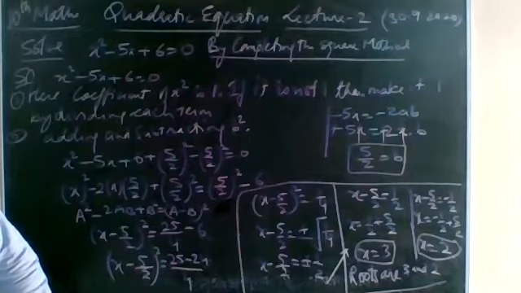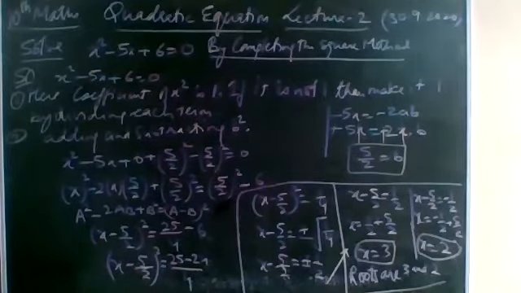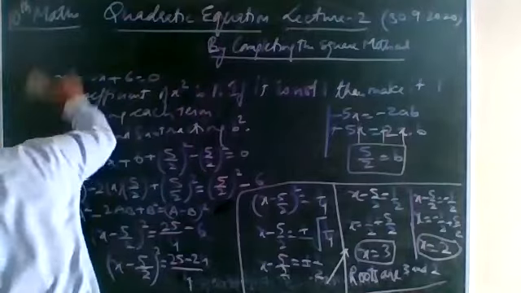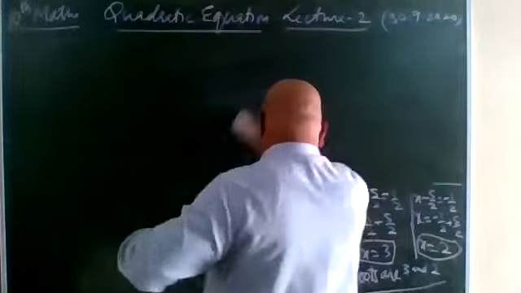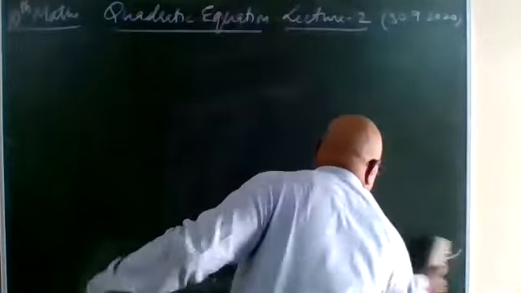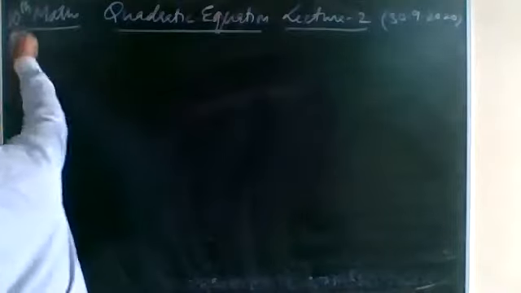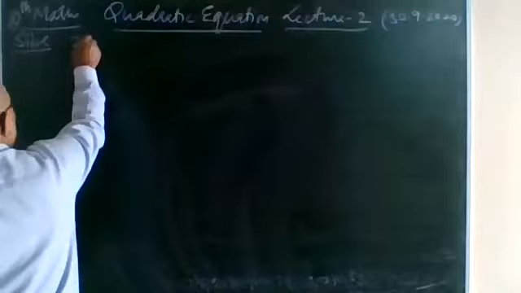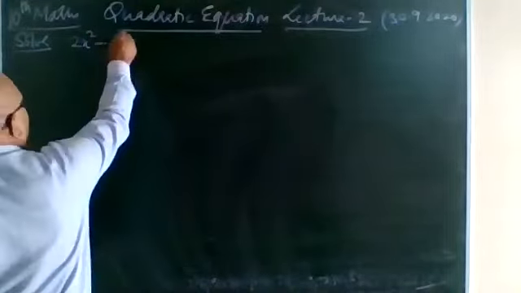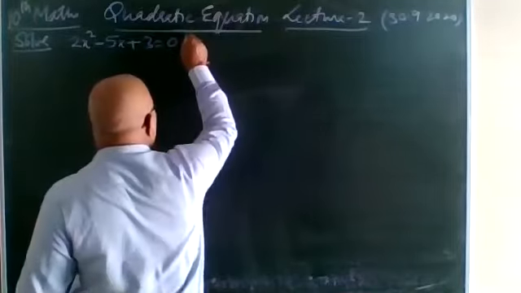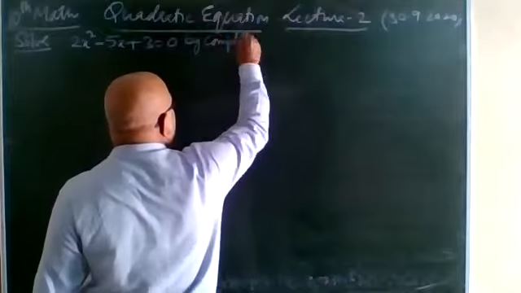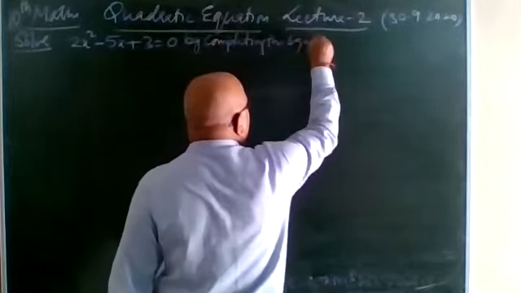One more example I will tell you. Again, solve 2x square minus 5x plus 3 equal to 0 by completing the square method.